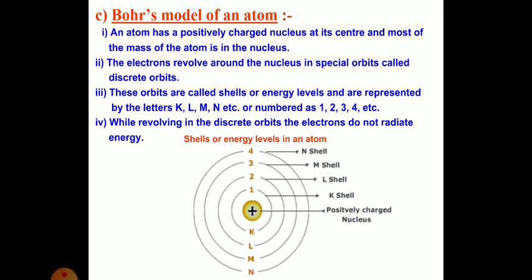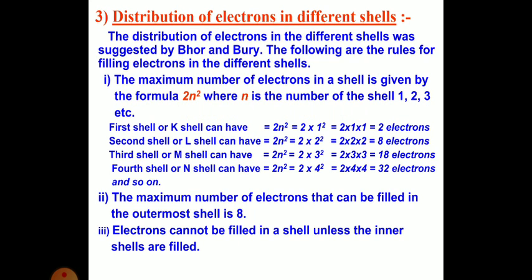These orbits are called shells, and the energy levels are represented by the letters K, L, M, N. To these K, L, M, N shells, the respective numbers are also provided here: 1, 2, 3, 4, etc. While revolving in the discrete orbits, the electrons do not radiate energy. So these are the postulates which Bohr mentioned in his model of an atom.